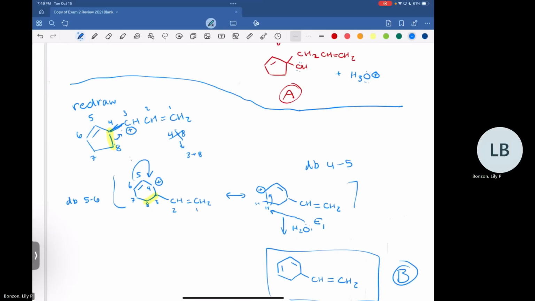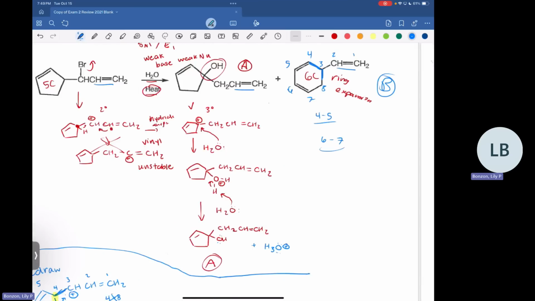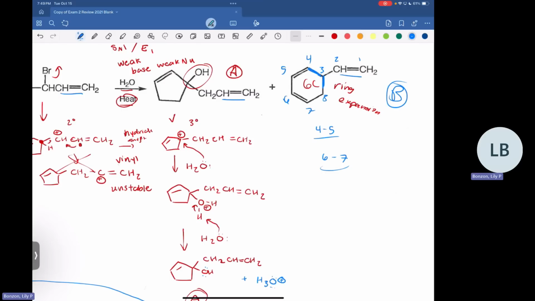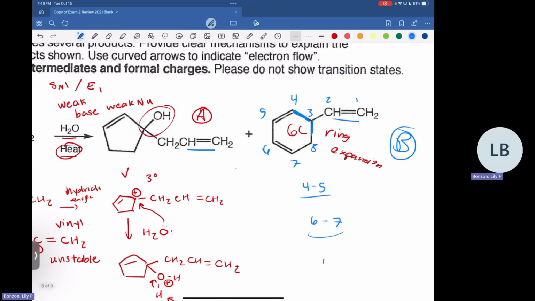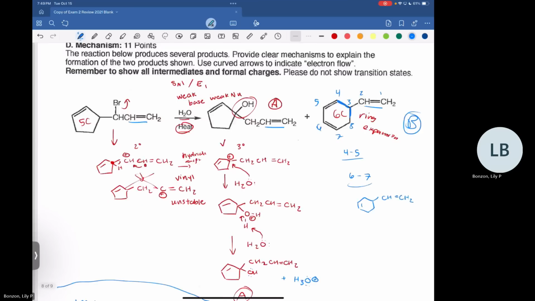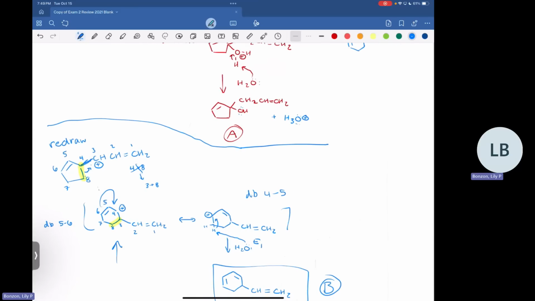You may or may not have to do this on a mechanism on your exam. Here, I'm just using the product to guide myself. If I didn't have to do resonance, I would just have this, which is what this is, again rotated slightly differently.